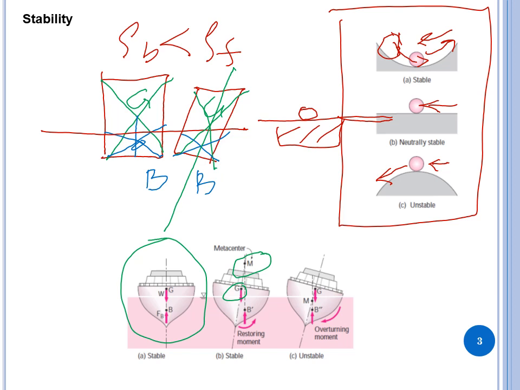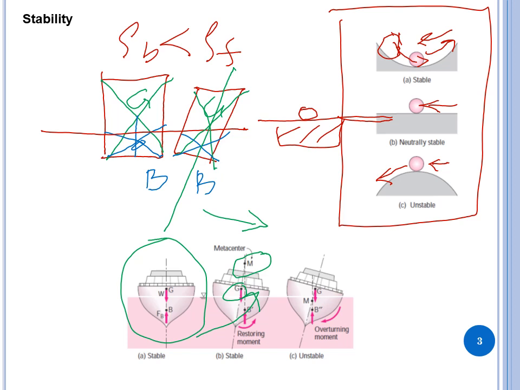Now remember this, if this metacenter is above the surface of the fluid, it will have a restoring moment. So now the ship is turning to the right, and if you look at the force which is being applied here, it is making it come back because of the buoyancy force.